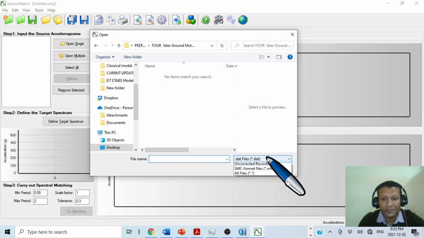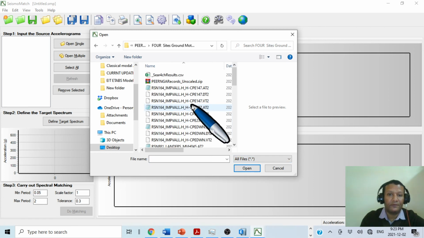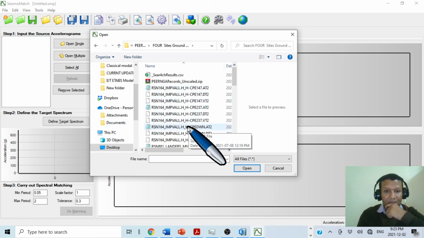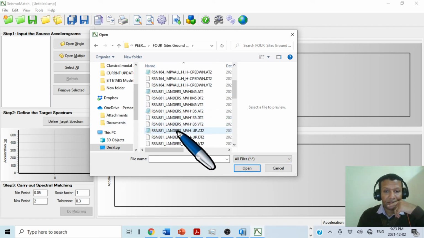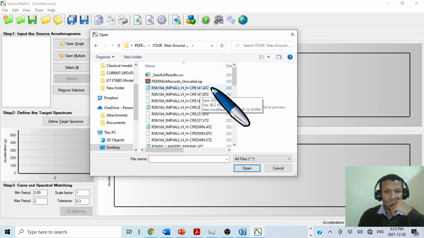Okay, open all data. For example, let's choose Landers. This one is acceleration, this is displacement, this is velocity. So we have three datas.